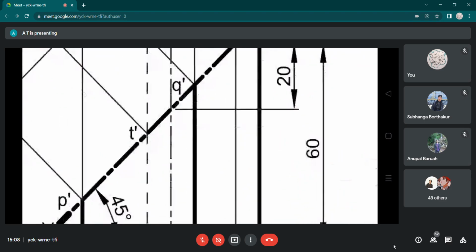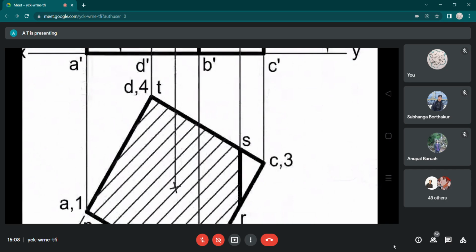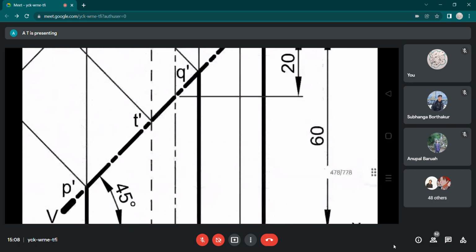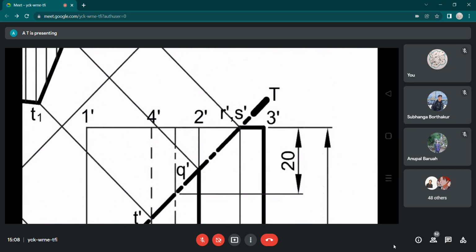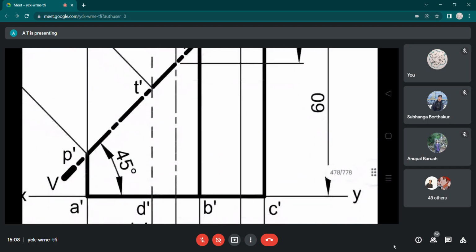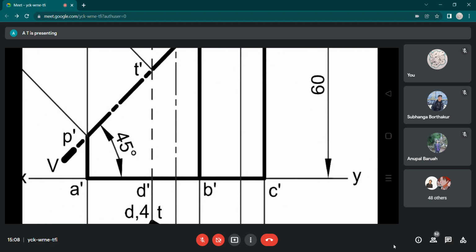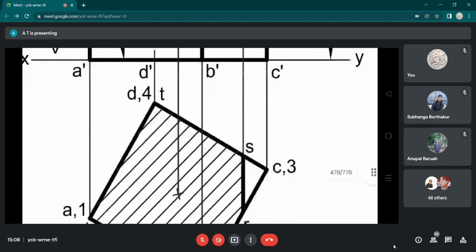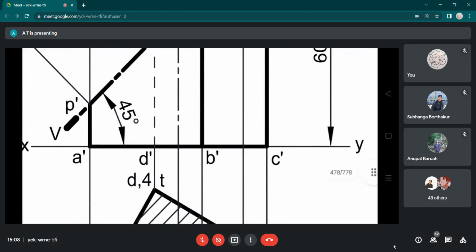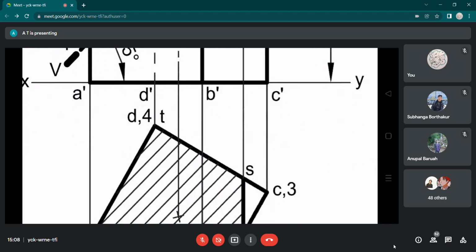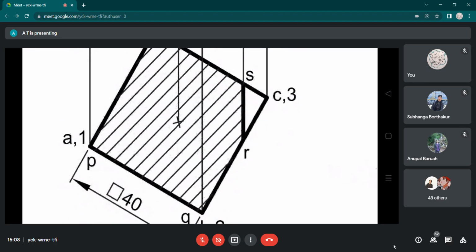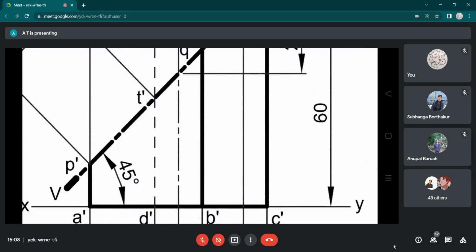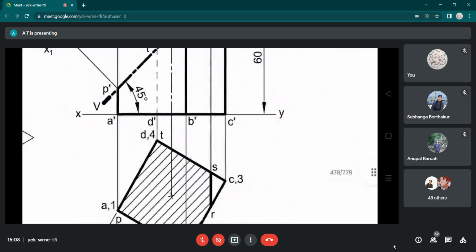These are the points which you need to project again on the top view. This P dash you project on the top view again.